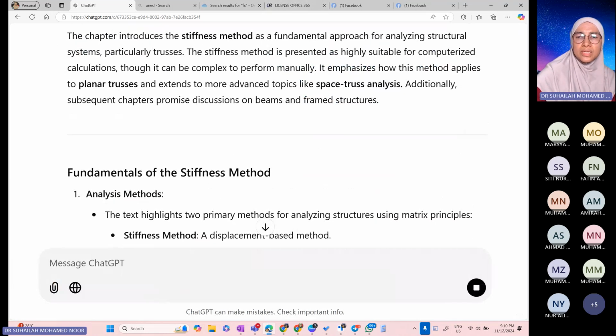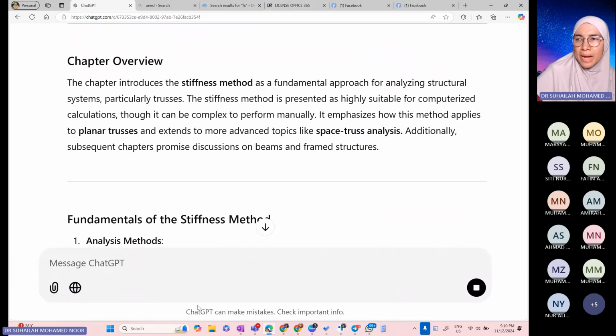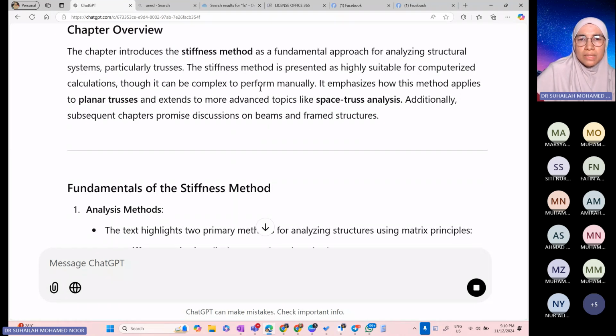So this is actually it describing the given page back to us. This is about the stiffness method.